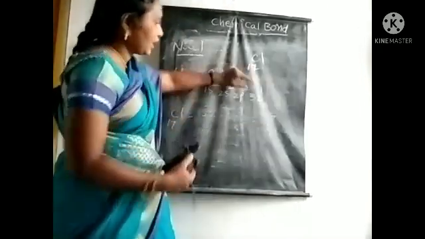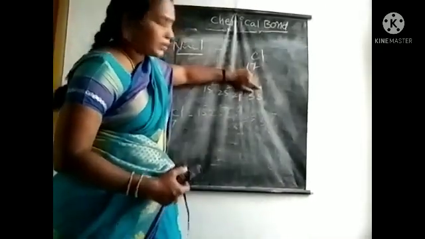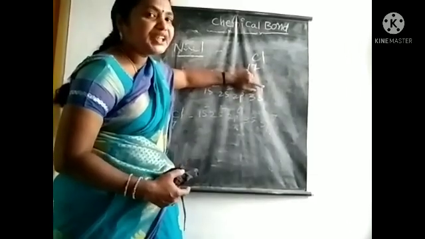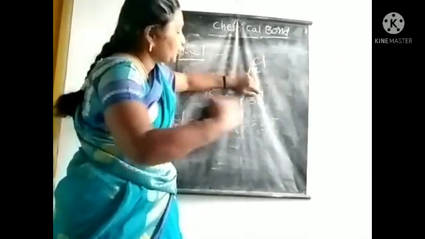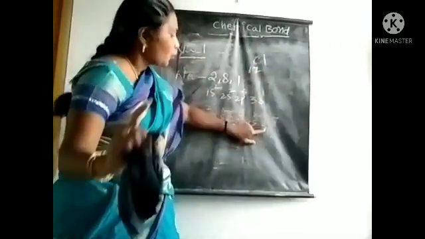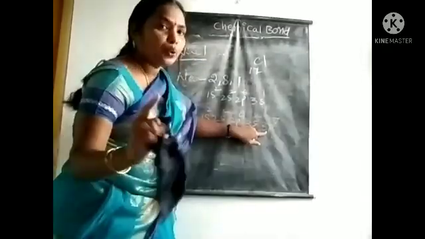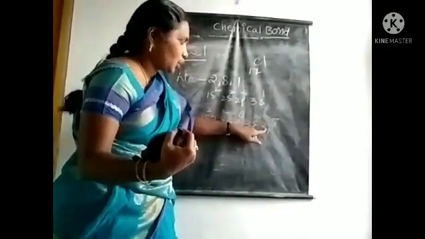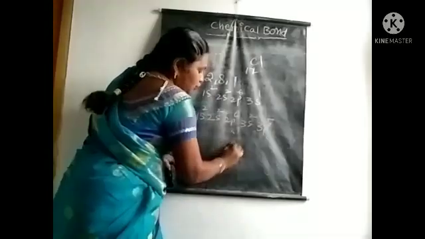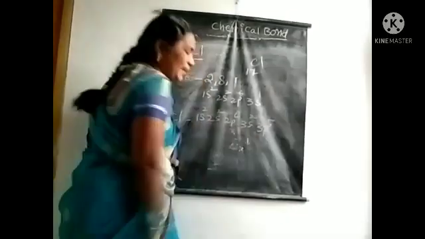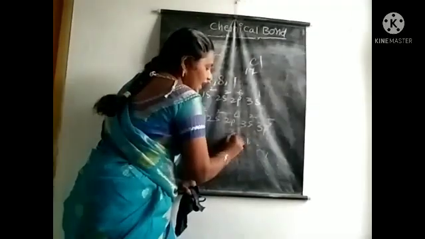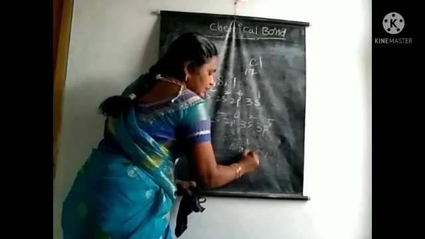Observe children, here in 3s1, one electron is ready to be given to chlorine. Chlorine is ready to take one electron. Here the bond is formed between Na plus and Cl minus.